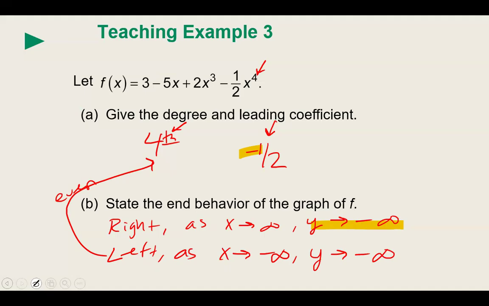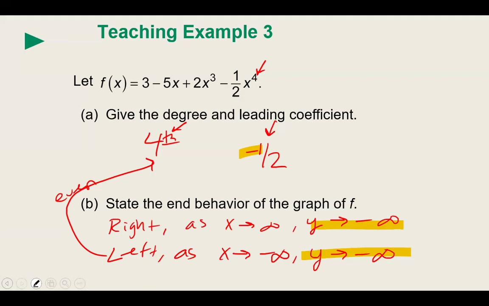Because they're even, they're doing the same behavior. So if my right is going down, my left has to also be going down. Even behaviors behave the same.